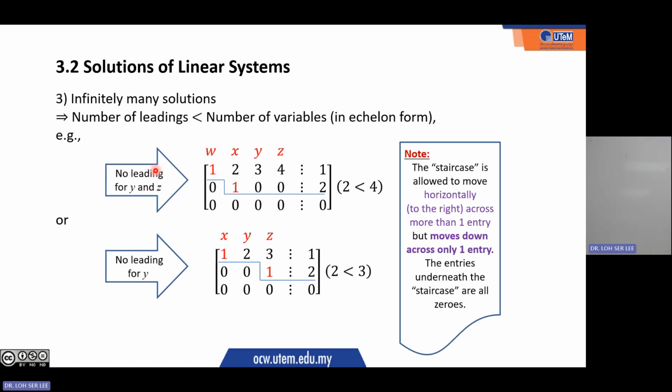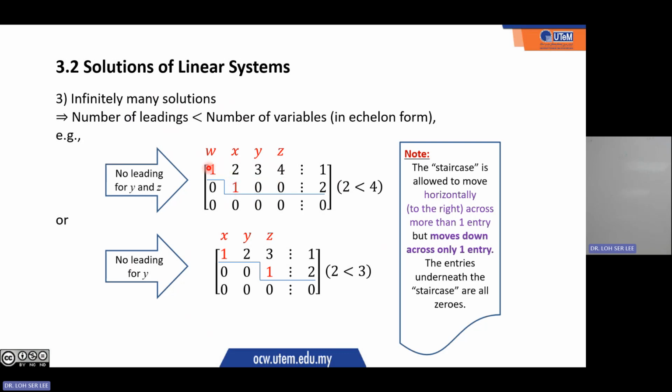Here I use leading because this is in the reduced row echelon form, RREF. But normally we just row reduce until row echelon form. We don't change all these pivots into one. That's why I use the word pivot. So w has a pivot, x has a pivot, y and z have no pivot.